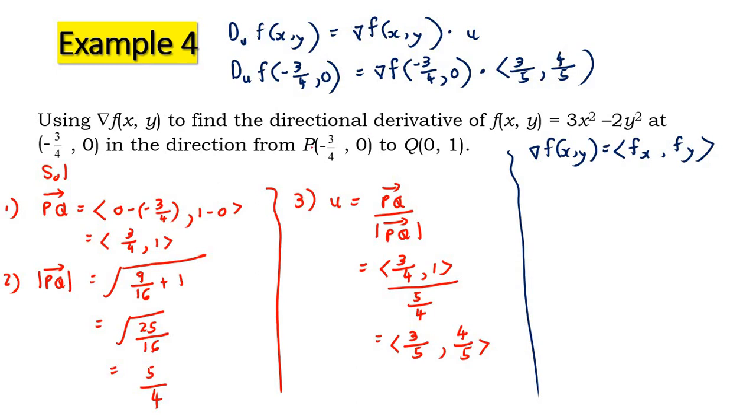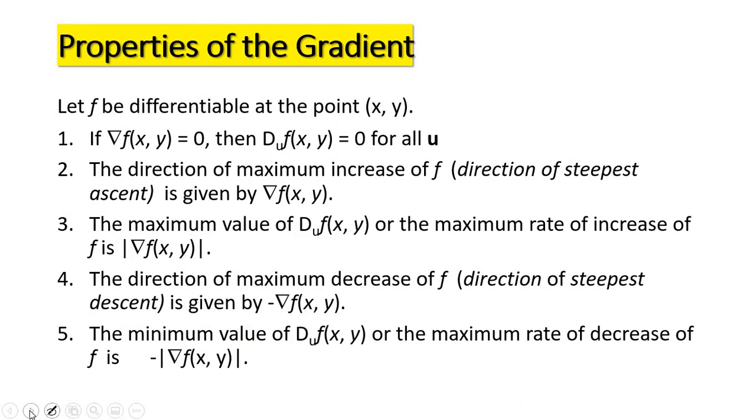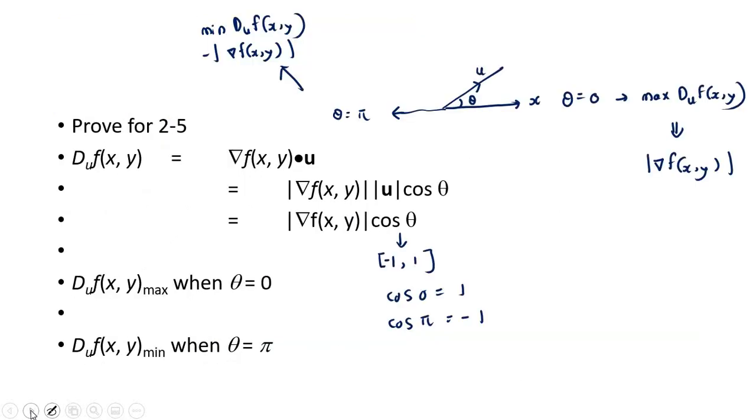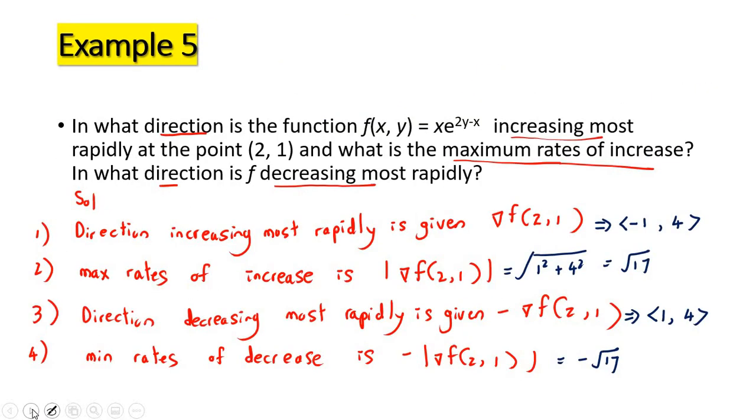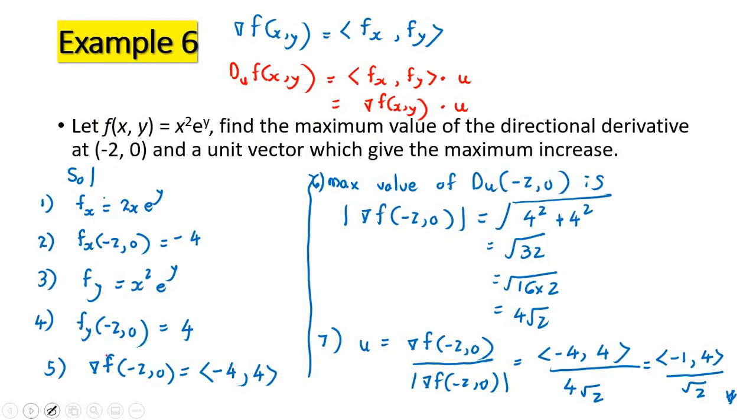And this one is used when they give you P and Q. So from PQ you can find the vector PQ and then the magnitude of vector PQ, so you can make it become a unit vector. And the gradient vector that we introduce is actually fx i plus fy j.